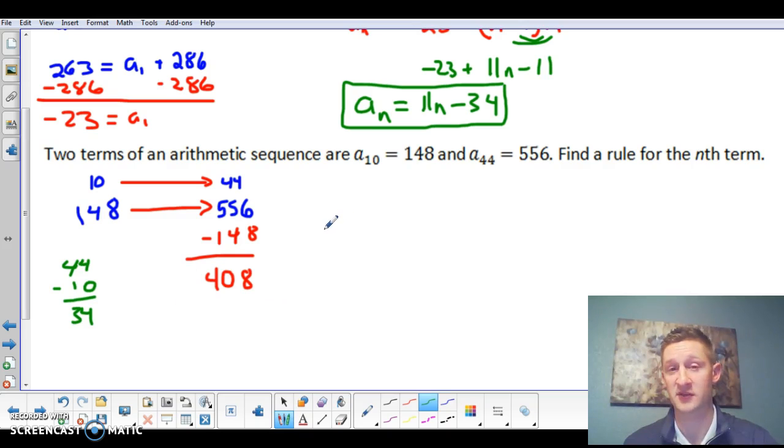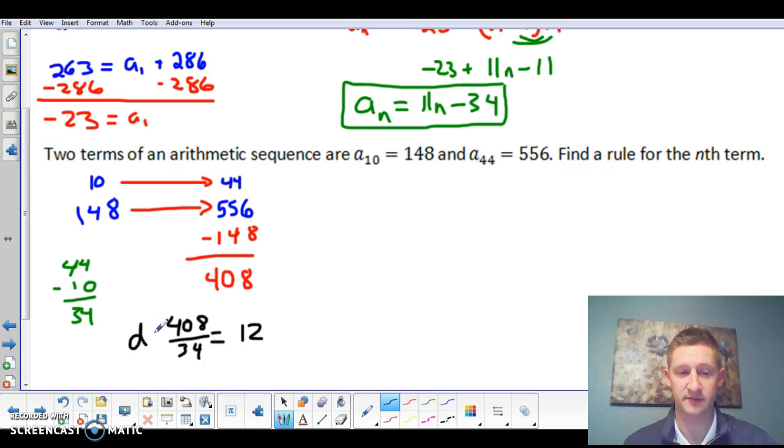The common difference is how much I increase each term to term. So if we take 408, the total change, divided by 34, the number of terms, that difference would be equal to 12. There's my common difference. D equals 12.